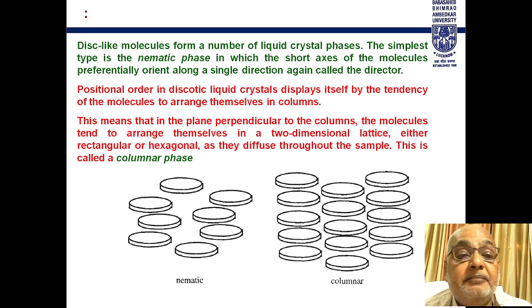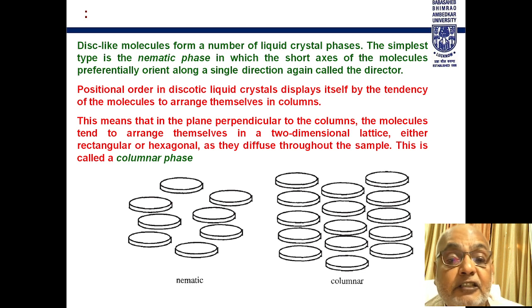Discotic type. Disc-like molecules form a number of liquid crystal phases. The simplest type is the nematic phase, in which the short axes of the molecules are preferably oriented along a single direction, again called the director.